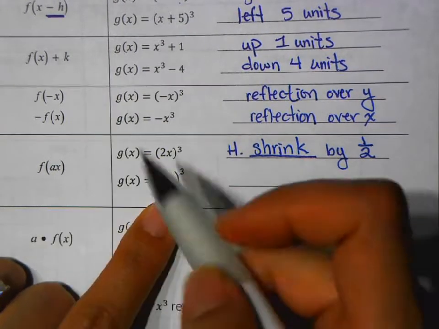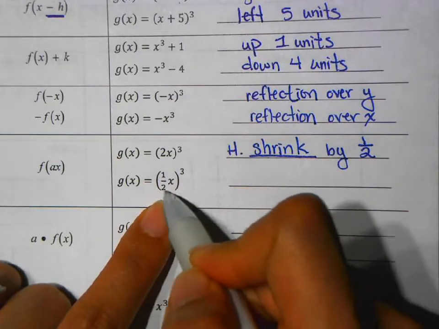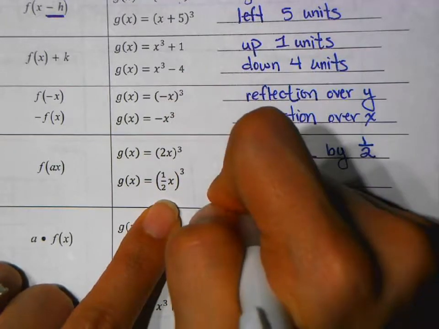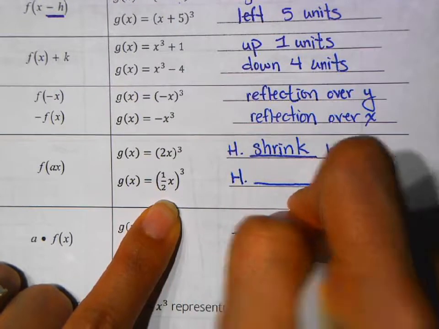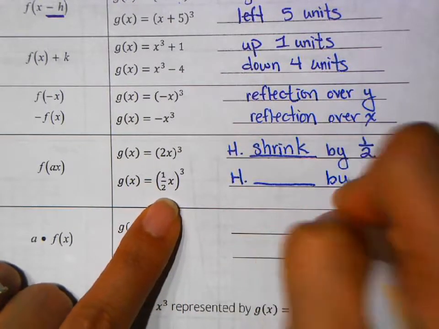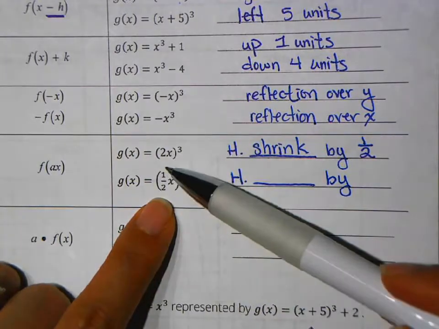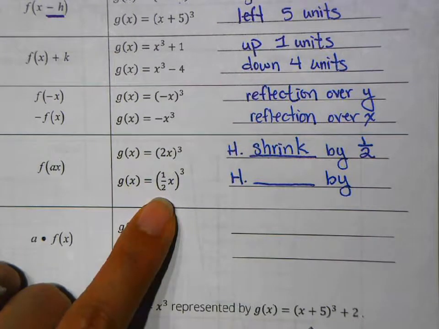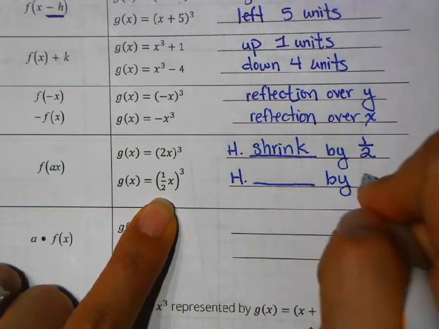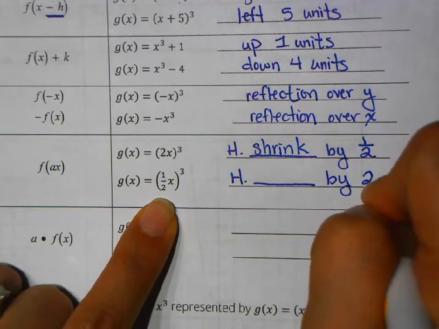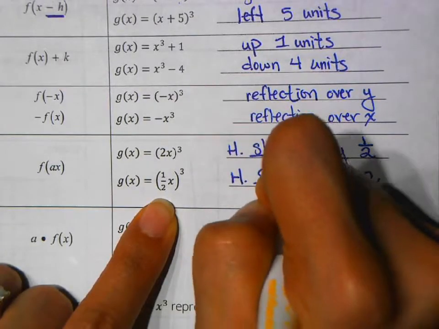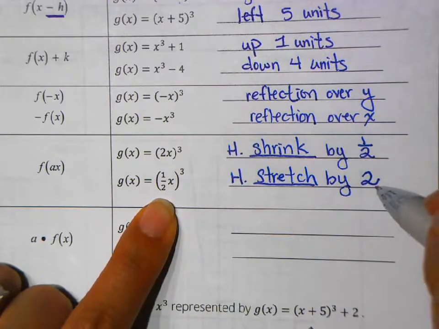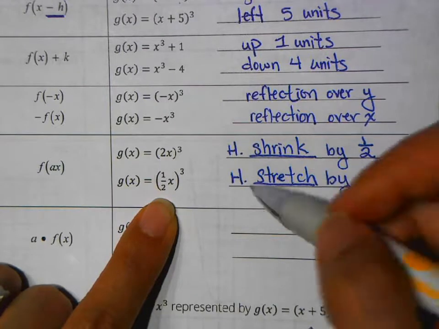If you're multiplying the x on the inside, just the x, by 1/2, it's horizontal, but I don't know what it is yet. Let's take a look at the number. Remember, the number has to be opposite. This is 1 divided by 2, so instead of 1/2, I'm actually going to multiply by 2. It is a horizontal stretch by 2 because 2 is bigger than 1.